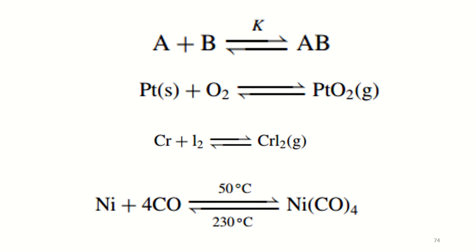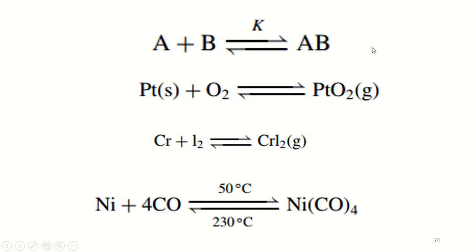If K is 0, then no AB would form and vapor phase transport could not occur. If K is very large, then AB would be stable and would not subsequently decompose.